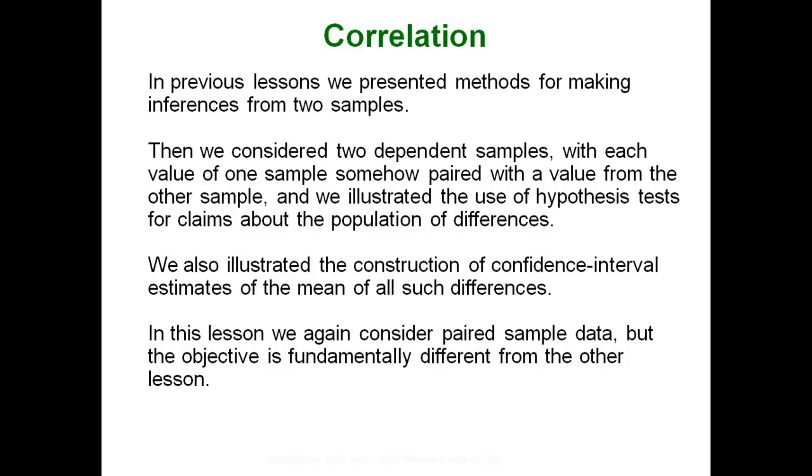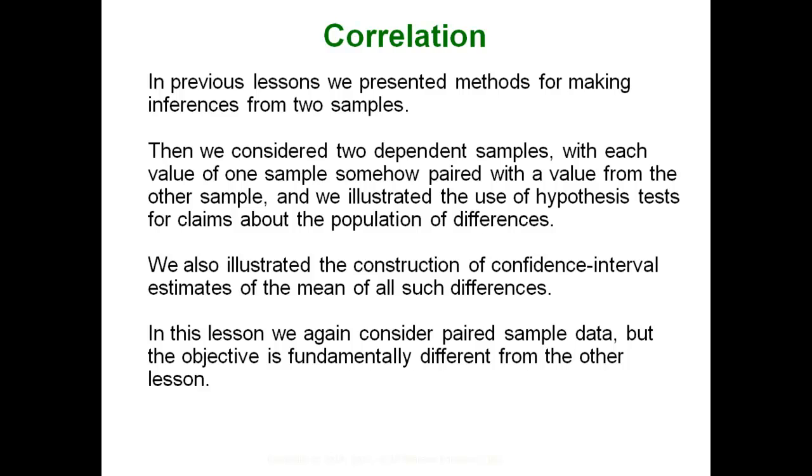And then we looked at hypothesis testing for claims about the population of the differences between those two. Think of pre-test and post-test scores, each pair given to the same person. So you have a bunch of pre and post tests on the same set of people. We also constructed confidence interval estimates of the mean of those differences of, again, those test scores.